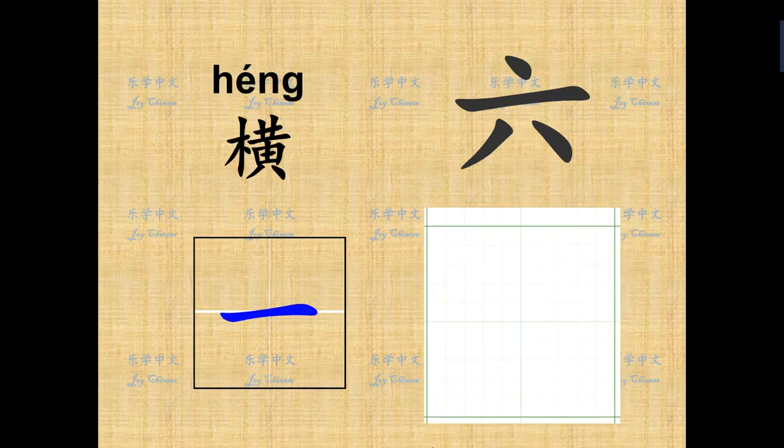The next one is 横. It's a horizontal stretch. 横. Here in the number 六, we have 1 横. You can also find 横 in here. Here, here, here, and here.